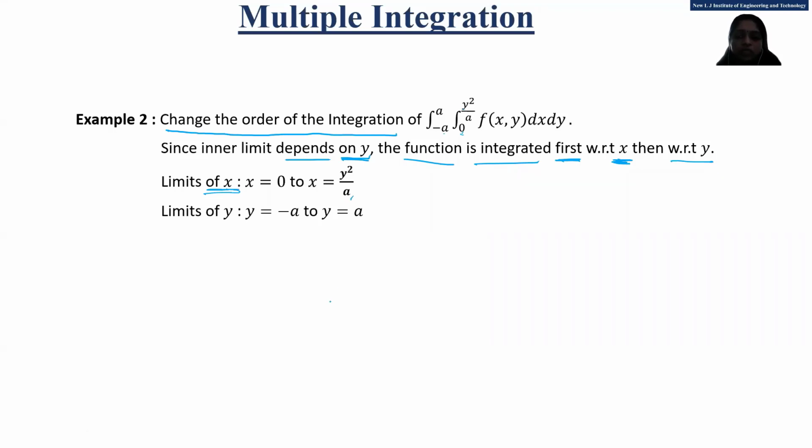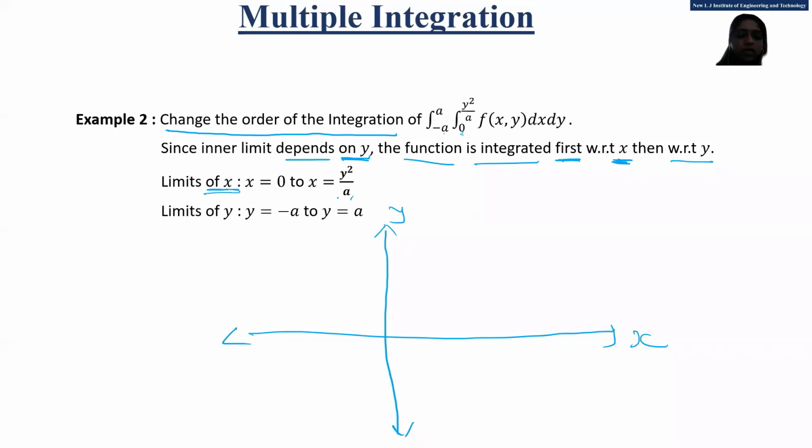Okay, so let's take a graph. For the graph, this is our y-axis and this one is our x-axis. Now, they gave x equal to 0. What is the meaning of x equal to 0?